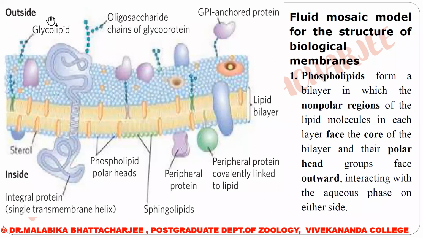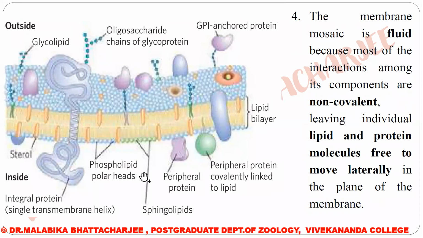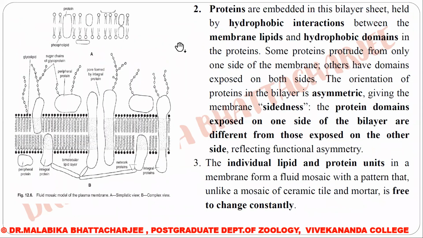So this is the outside of the cell, and this is the inside of the cell. Now, proteins are embedded in this lipid bilayer by hydrophobic interactions with the membrane lipids.